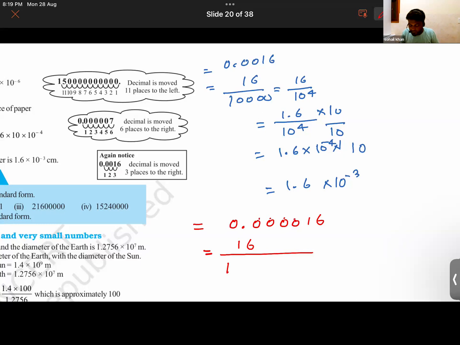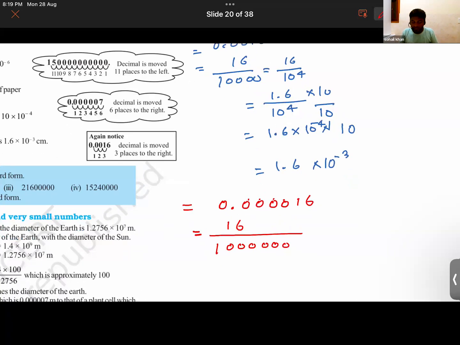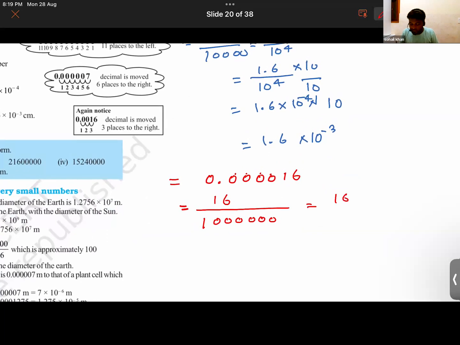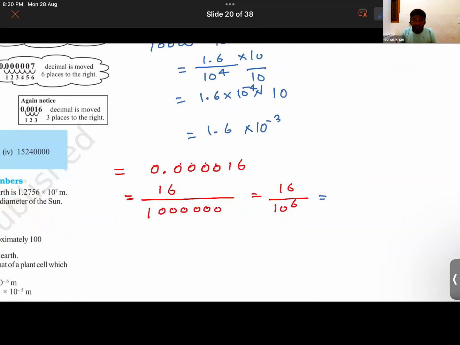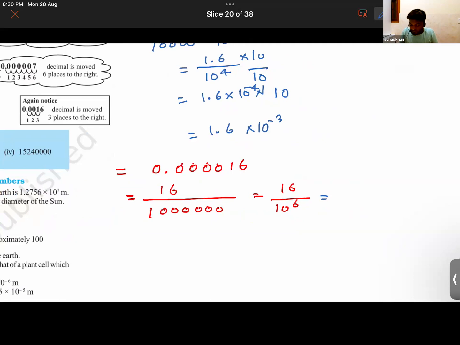1, 2, 3, 4, 5, 6 zeros. So it is now 16 upon 10 raised to the power 6. Now, in order to place a decimal between 1 and 6, we need to multiply and divide it by 10.